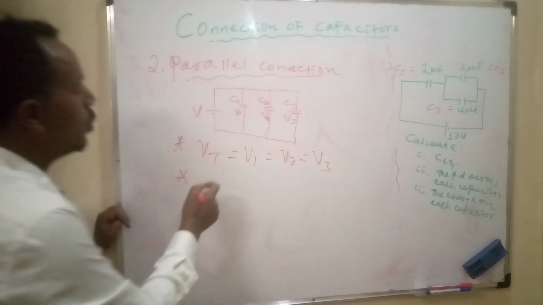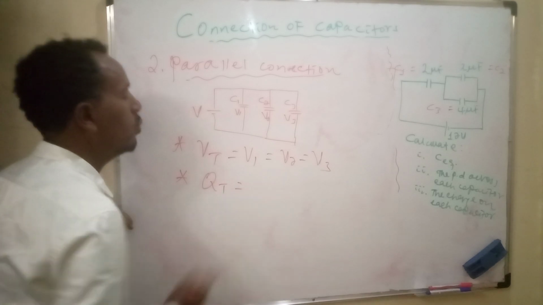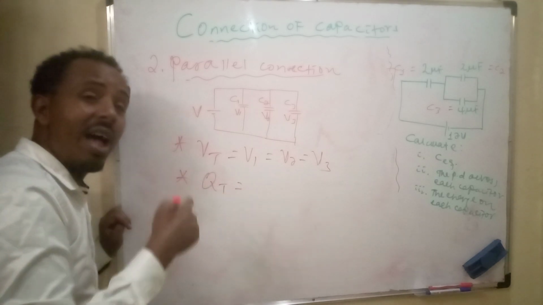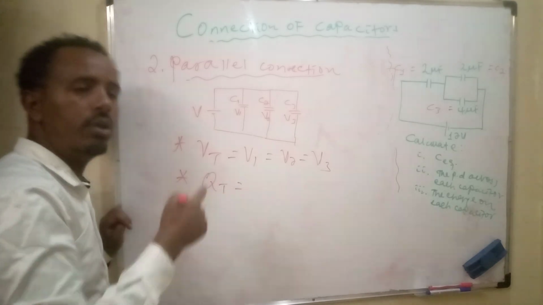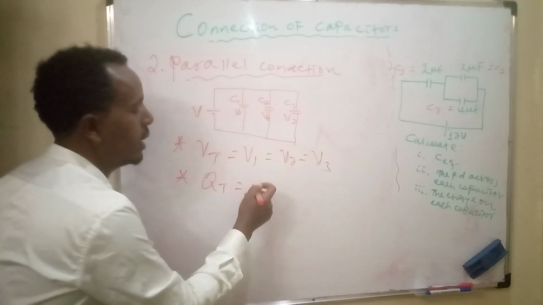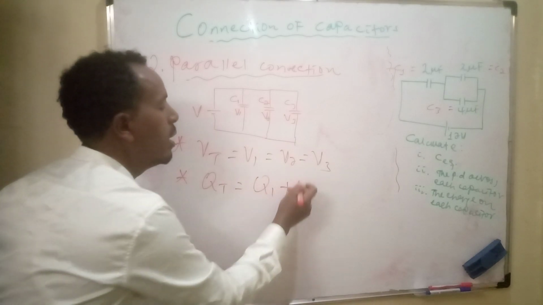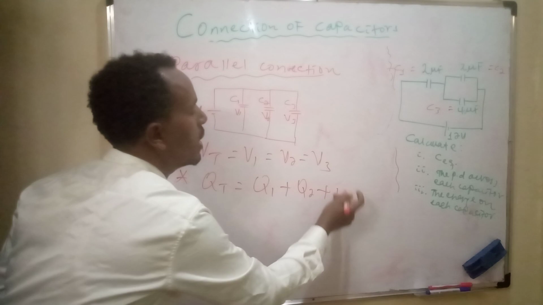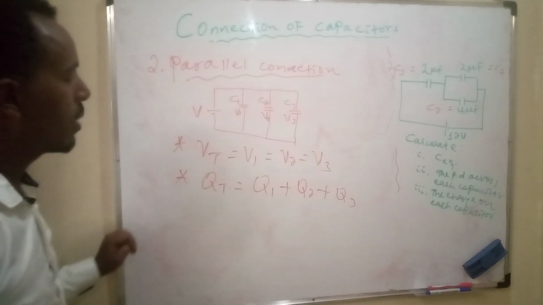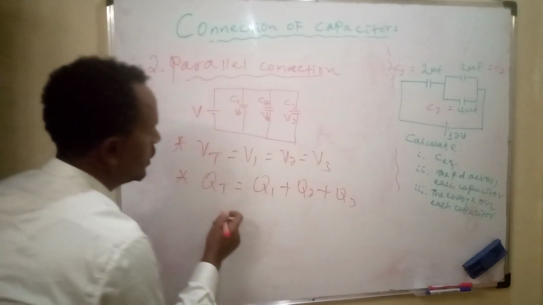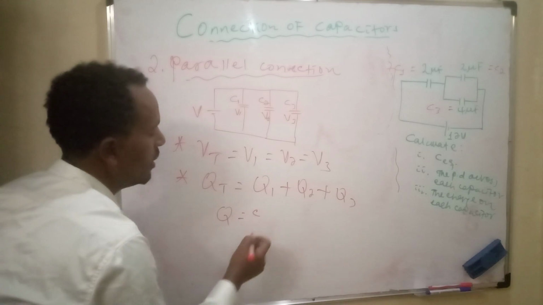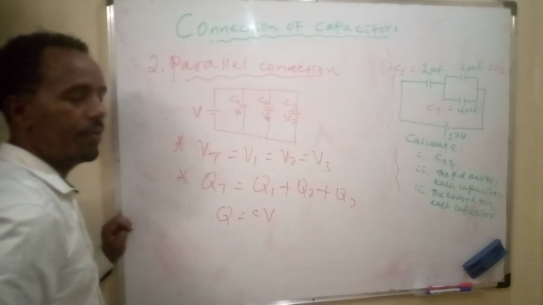Next, for parallel connection, total charge is equal to the sum of each charge stored on each capacitor. Therefore, total charge is equal to charge 1 plus charge 2 plus charge 3. But charge is equal to capacitance times potential difference.